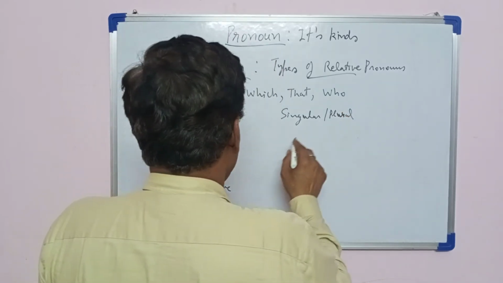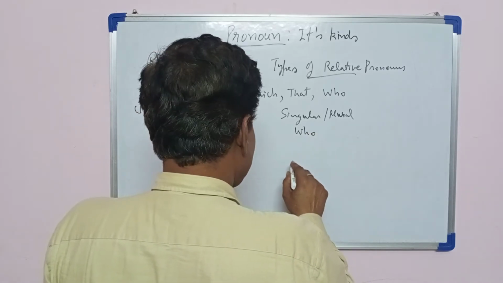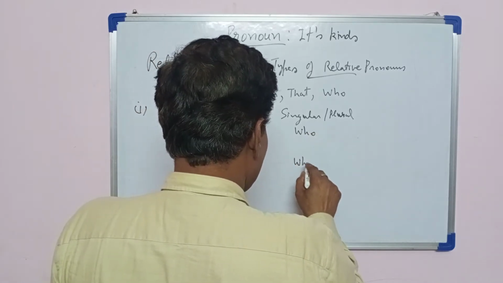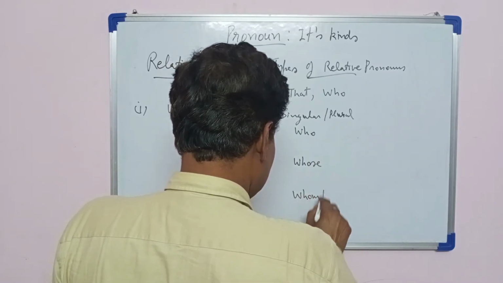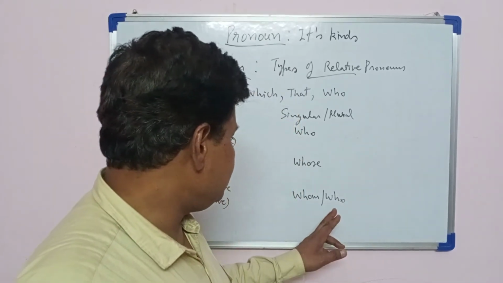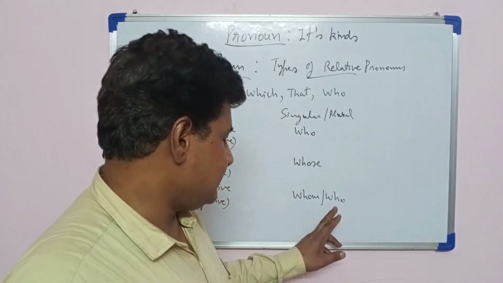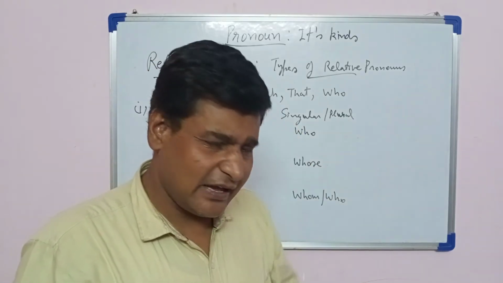So here we are understanding it will remain who, and then it will be whose, and here it will be whom or who. Who is used in very informal English, okay, and in formal English, whom is always used.